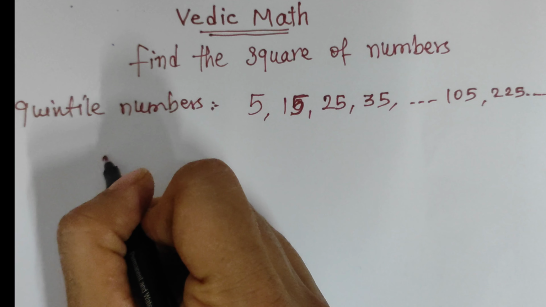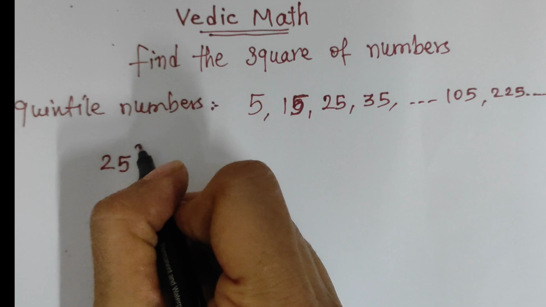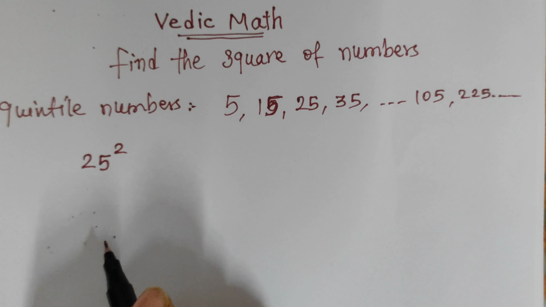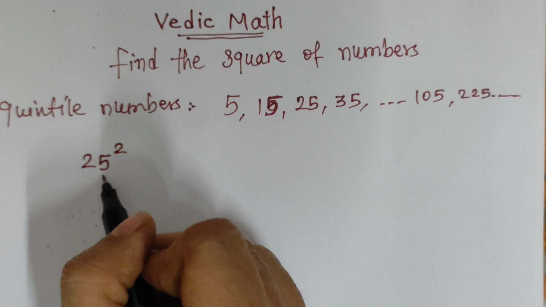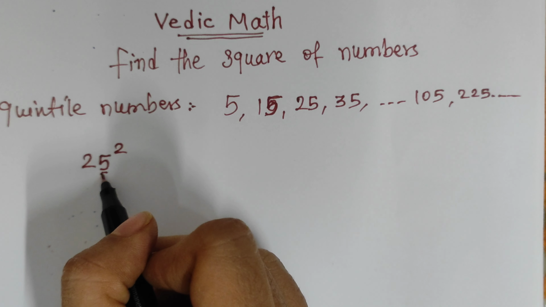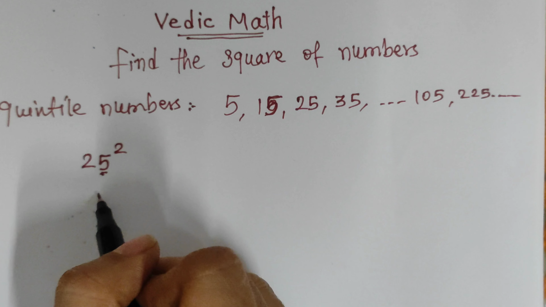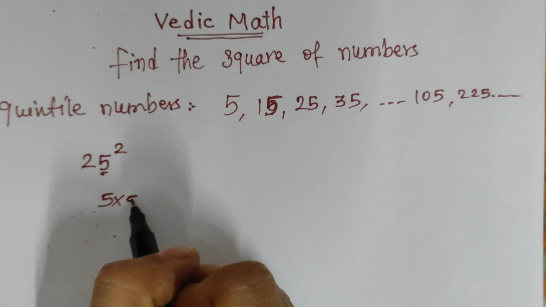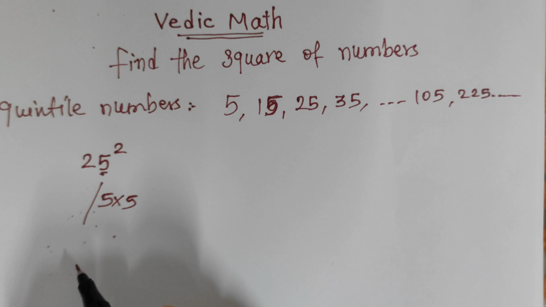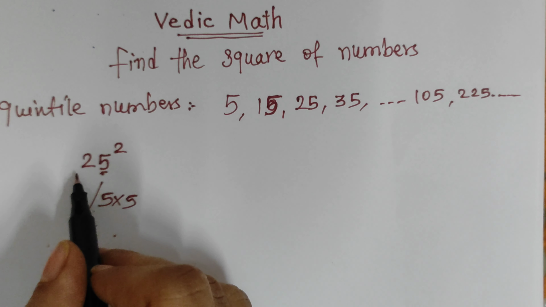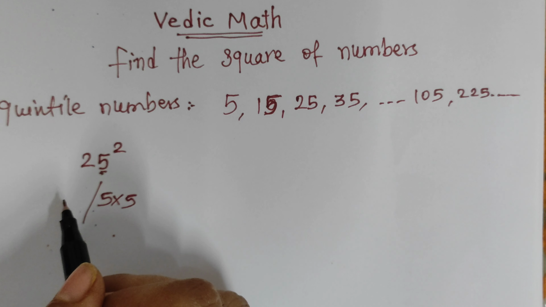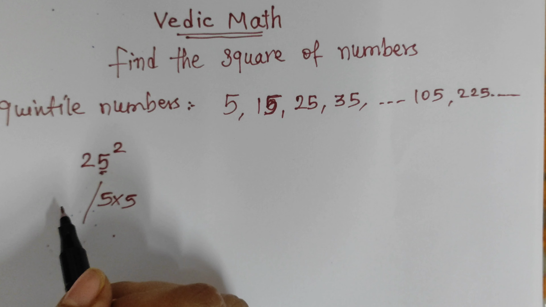Suppose we find the square of 25. On the right side, the number is 5, and we multiply this digit by itself, 5 5 ja 25. On the left side, by the use of the formula Ekadhikena Purvena, this is the number 2 and we multiply it with one more, 2 plus 1 is 3.